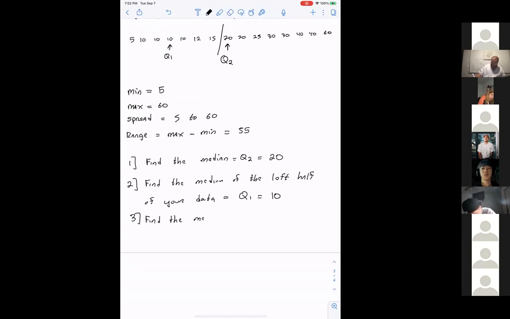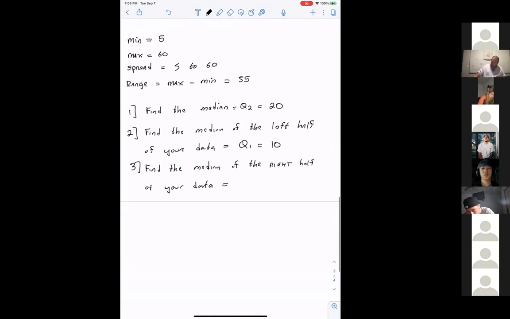And then step 3, find the median of the right half of your data, which we're going to call Q3.